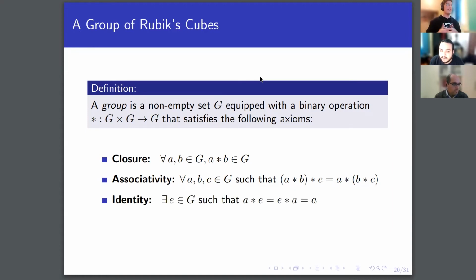We have the existence of the identity. So in this set, there must exist an element which, when we perform the operation between the identity and any other element, we get back that other element.